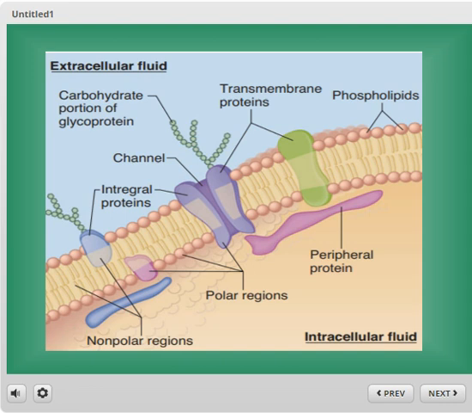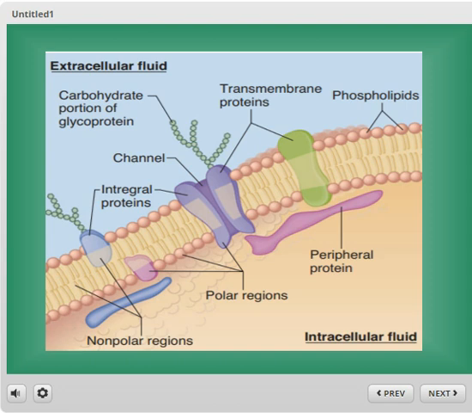Finally, as a summary, this picture shows the three important components of the cell membrane. I told you the cell membrane forms a lipid bilayer. The main lipid of the cell membrane is phospholipid, and we have two types of protein in the cell membrane: integral protein and peripheral protein.